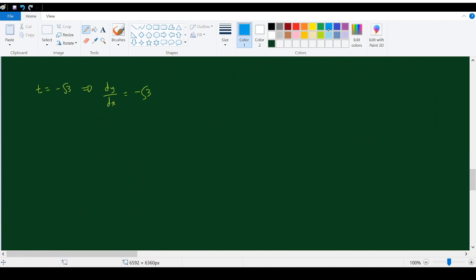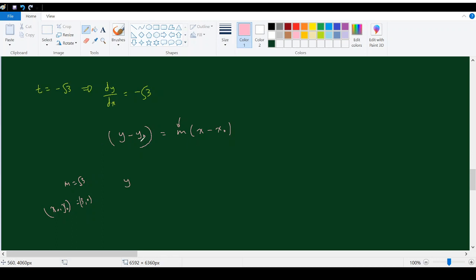Now if we know the slope, how are we going to find the equation? We can use this relationship: y minus y naught equals m times x minus x naught. Now m represents the slope. So when the slope is equal to root 3, the equation, and remember our x naught, y naught point is the 0 point that they have given, right?